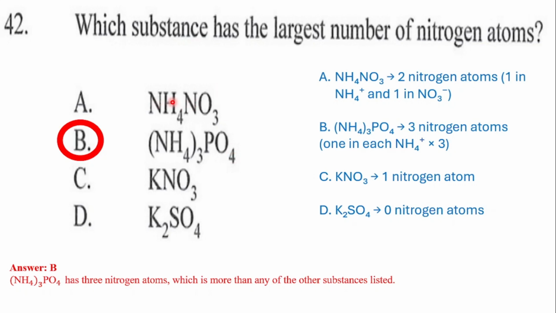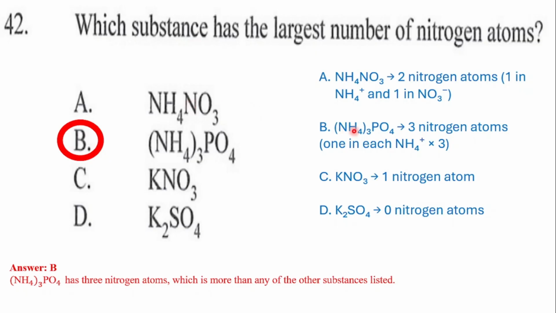So let's first look at A. We have nitrogen here, that's 1. We have also nitrogen here, that is 2. So for A, we have 2 nitrogen atoms, 1 in NH4 plus and 1 in NO3. So again, 1 here and 1 here. So that means we have 2 altogether.